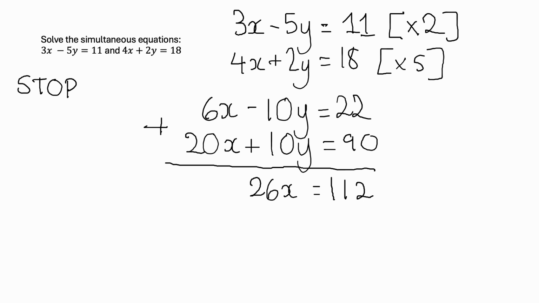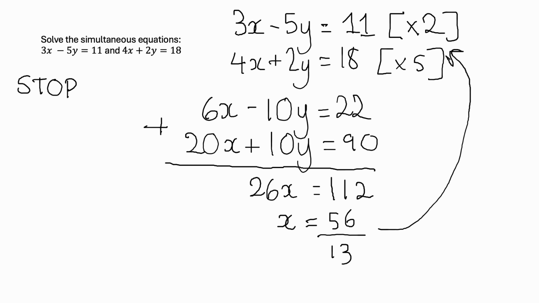Okay, so now we've got 26x is equal to 112. So in order to get what x is, we have to do 112 divided by 26. Now to work out what our y is, essentially we just substitute it back into the first or second equation.